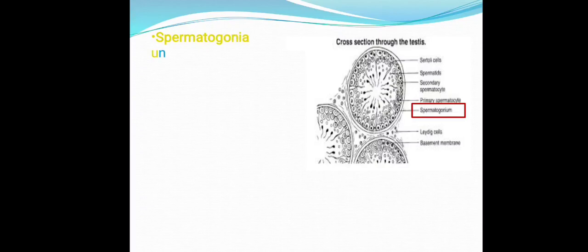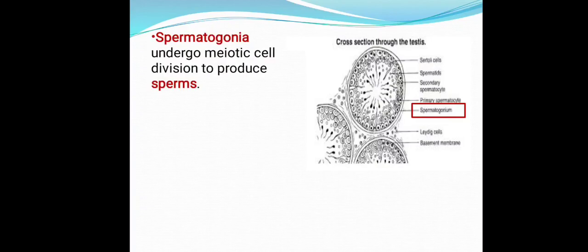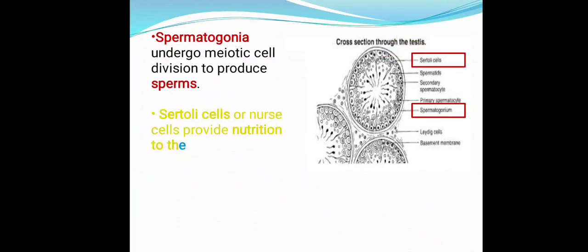These spermatogonial cells undergo meiotic cell divisions to produce sperms, while the Sertoli cells, also called nurse cells, provide nutrition to the spermatogonial cells or the germ cells.